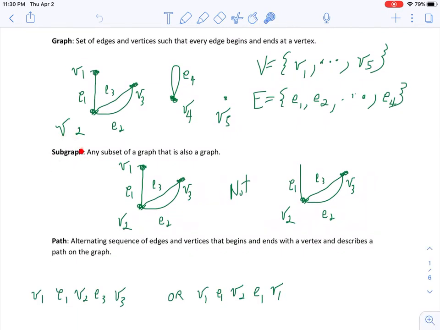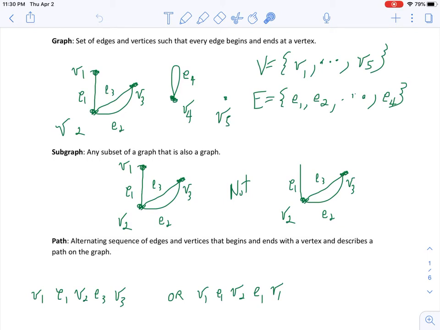Now, what's a subgraph? Well, a subgraph is any piece, any subset of my original graph that's also a graph. So if I look at this as my graph, one possible subgraph is this one little piece. So that's a subgraph.